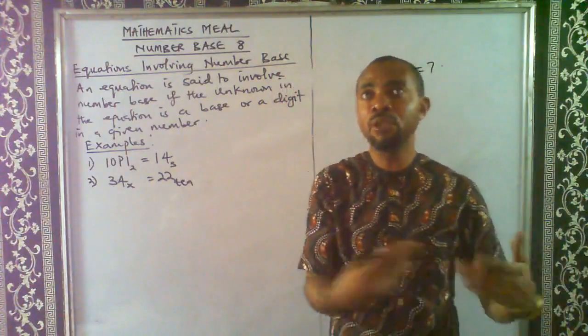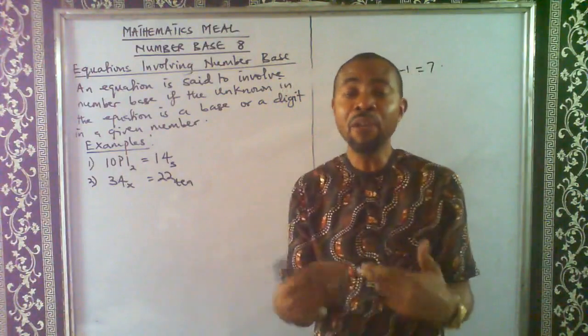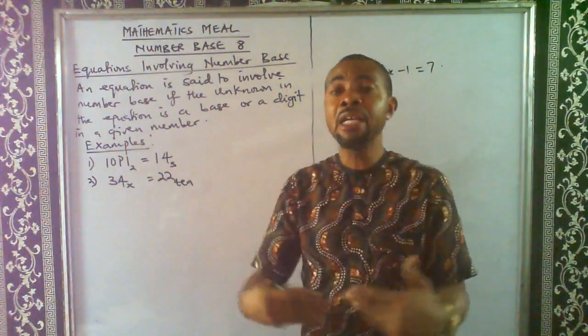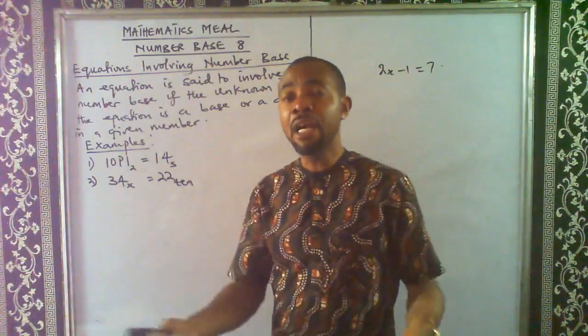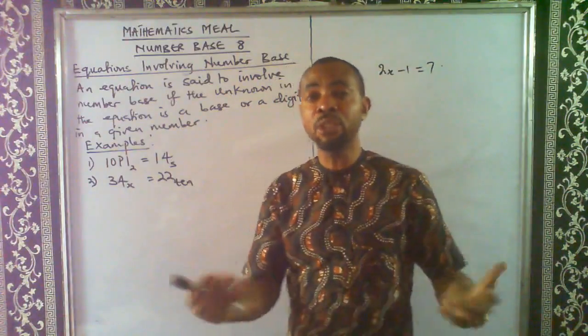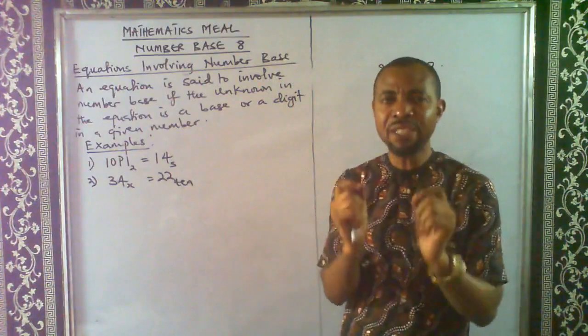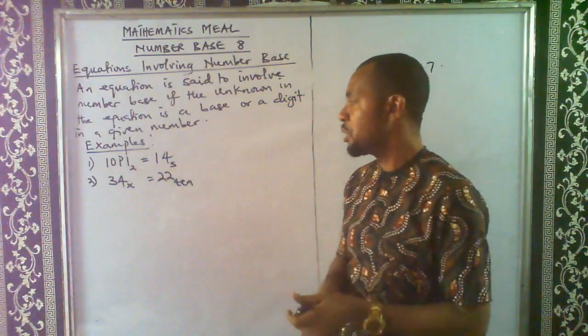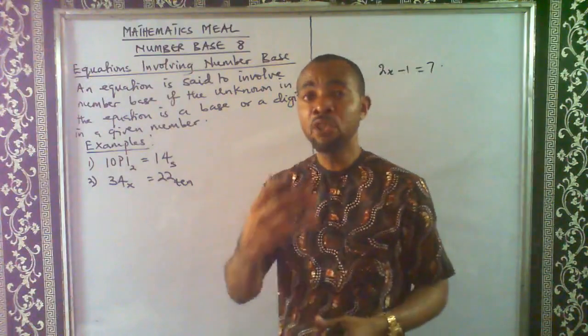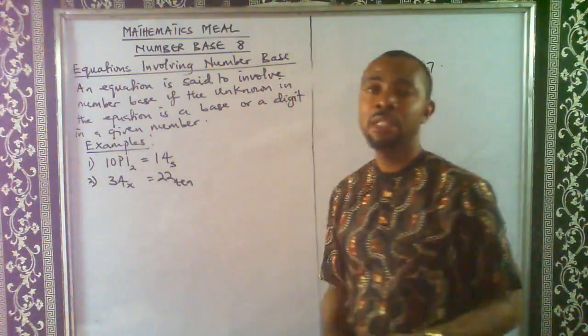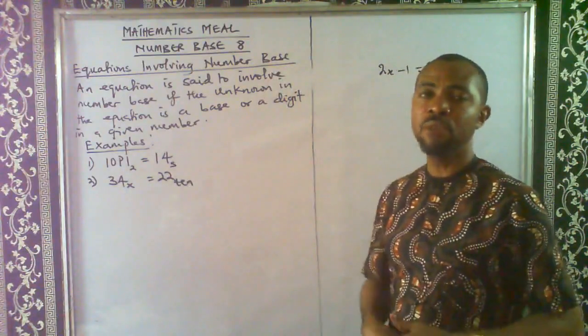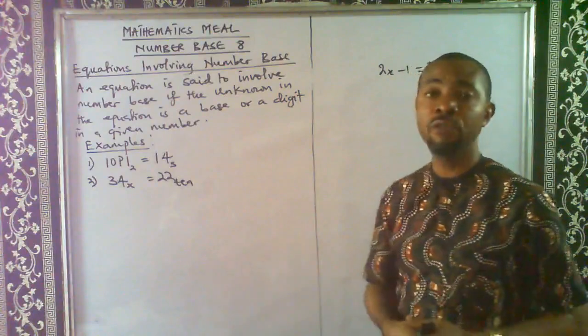You cannot claim to know how to solve this problem if you cannot first identify an equation that involves number base. So you must develop the ability to know when an equation involves number base.